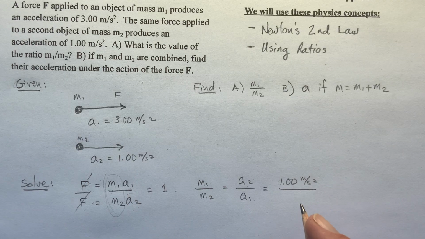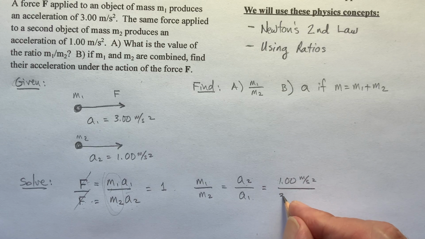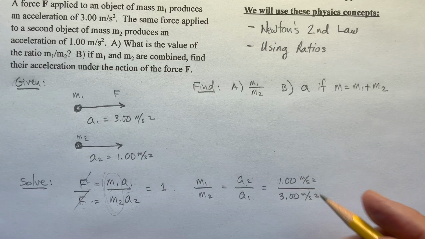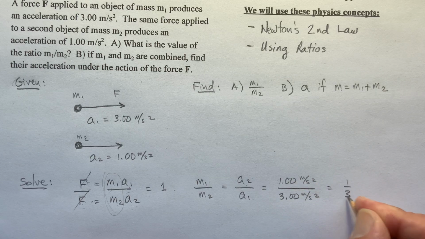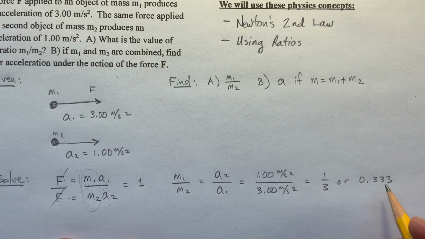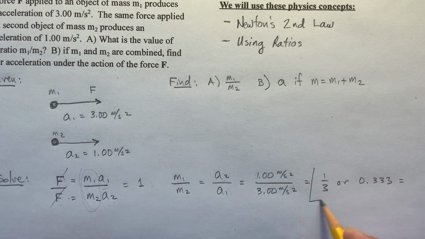We're going to divide that by a1, which is 3 meters per second squared. Now, you can write it as 1/3, I suppose, or you can write it as 0.333. I tend to prefer the decimal, but you know, so this is my answer right here.